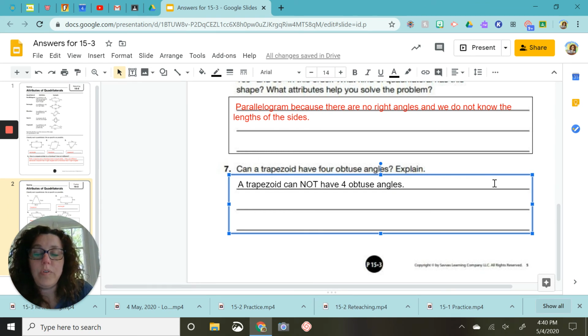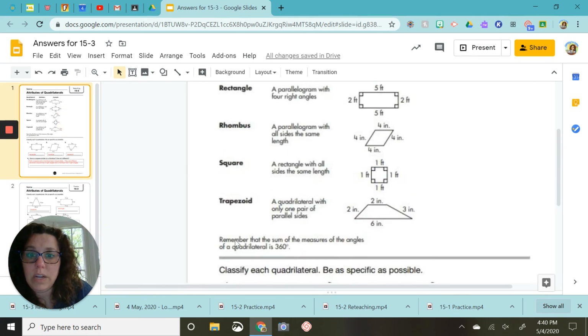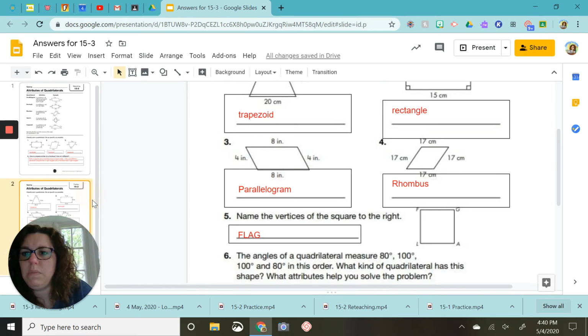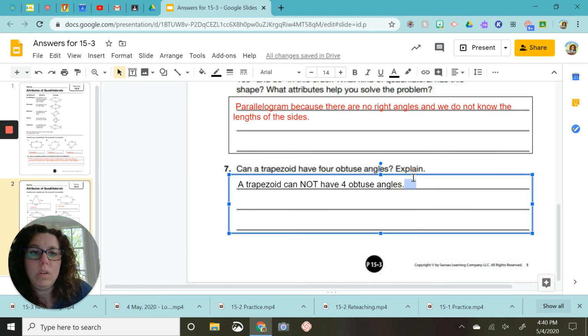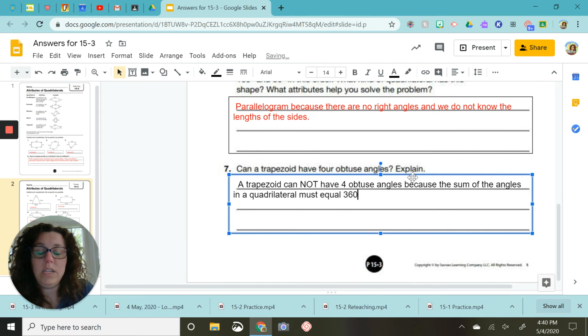And so the way we can say this is, we can even go back to our fancy words over here. The sum of the measures of angles must be 360. So I'm going to write something like that. Because the sum of the angles in a quadrilateral, which it is, must equal 360. And I'm just going to write the word degrees.